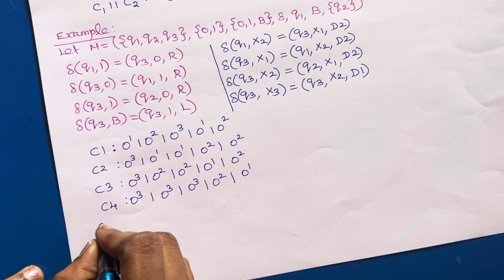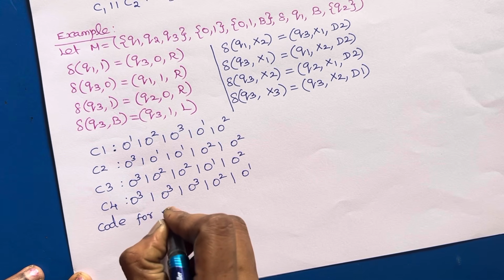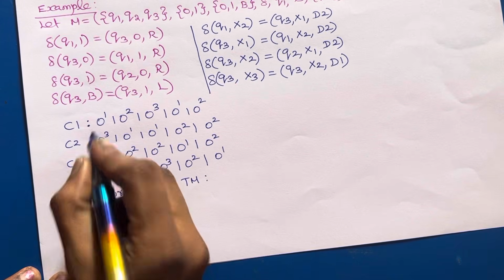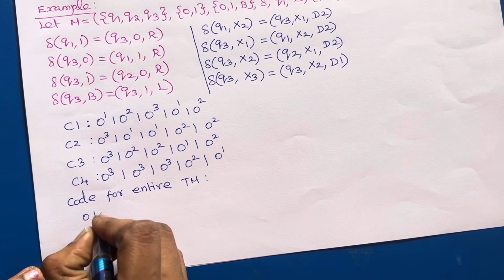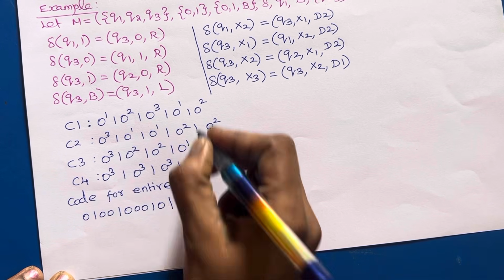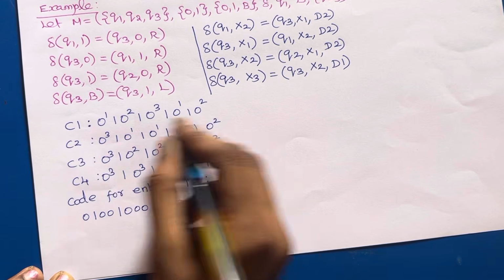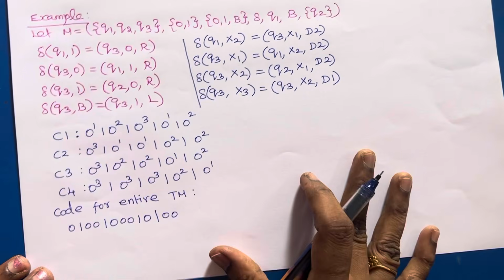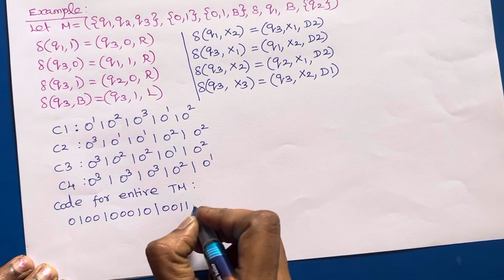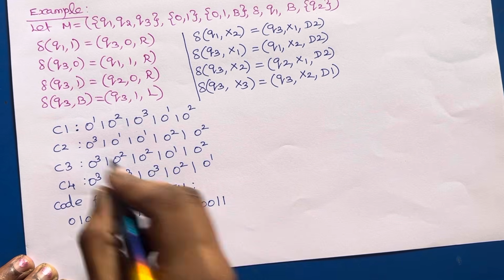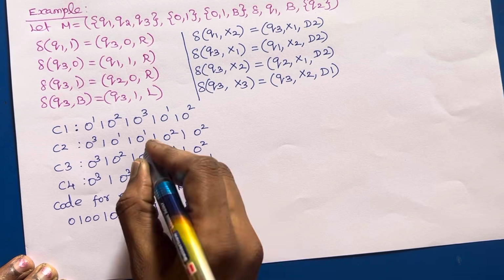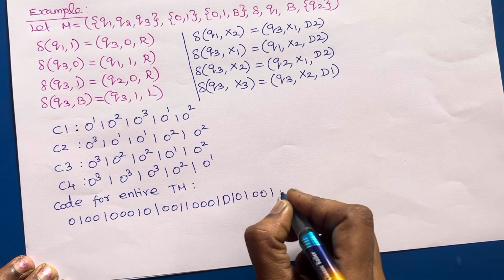So the code for the entire Turing machine is: 0 power 1, 1, 0 power 2, so 2 zeros, 1, 3 zeros, 1, 0, 1, double 0. After writing C1, we need to write 2 ones. Then we have to write C2: 3 zeros, single 1, then single 0, 1, 0, 1, 2 zeros, 1, 2 zeros.